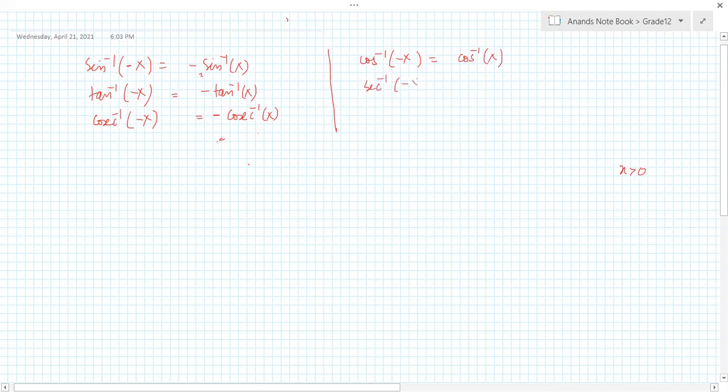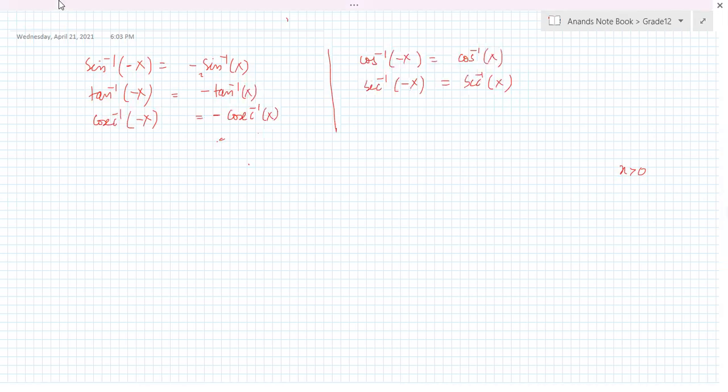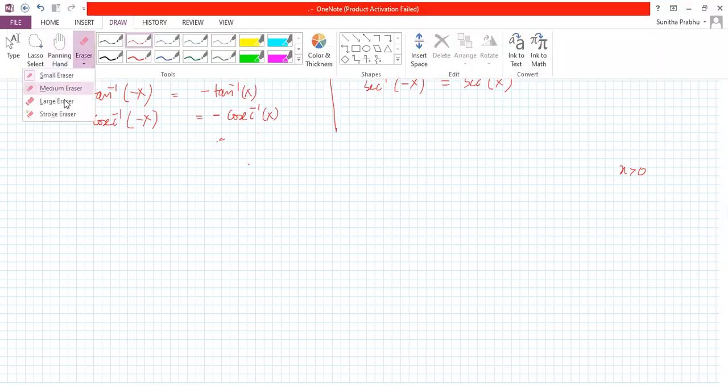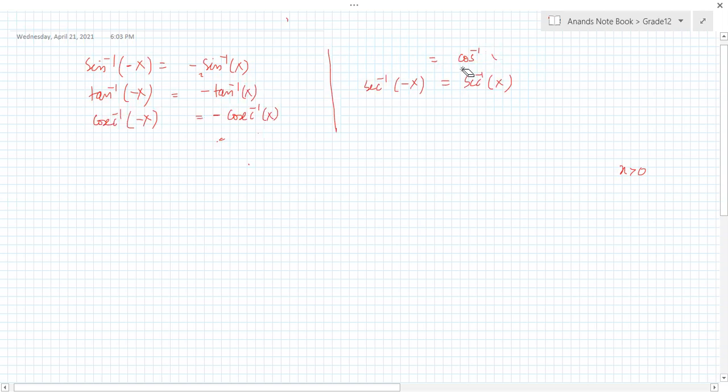Secant inverse of minus x will be secant inverse of x. Hold on. Cos inverse of minus x, we will do it in a little while, okay? Don't take it now. First, these 2, 3.